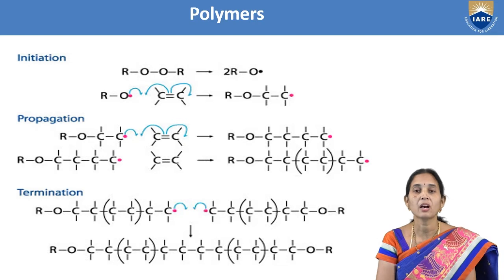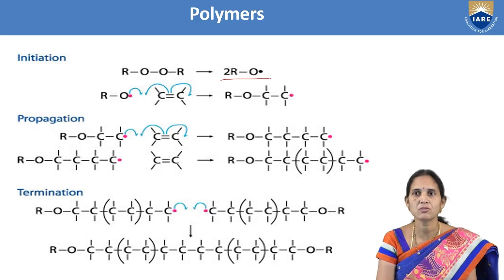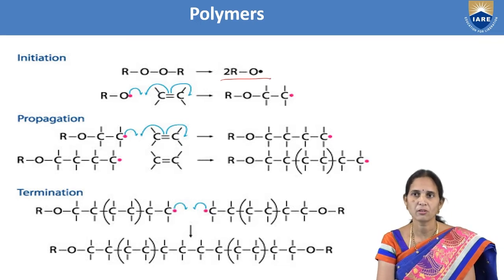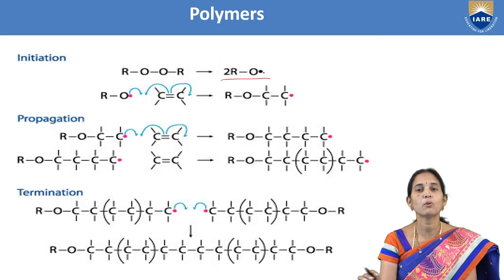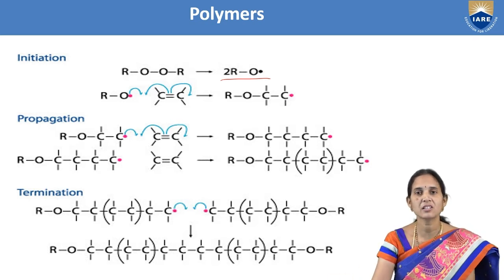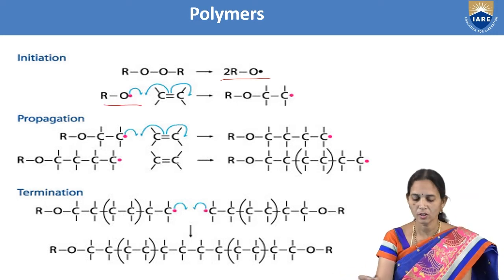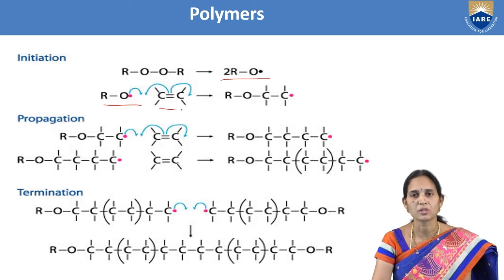So we can see a simple mechanism here, free radical chain polymerization. We use the catalyst benzoyl chloride or hydrogen peroxide as the initiator, which undergoes homolytic fission, forming free radicals. These free radicals we add to the monomers, for example, to vinyl chloride.